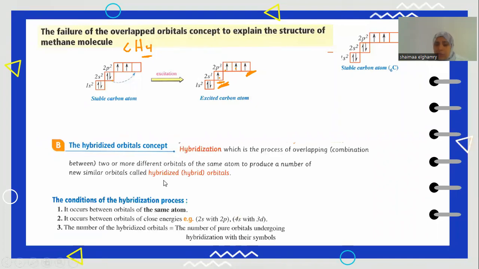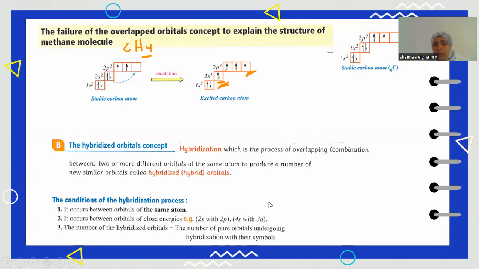The conditions of the hybridization process: it should take place inside the same atom. It also occurs between orbitals of close energy. So it takes place between 2s and 2p, but it doesn't take place between 1s and 2p, for example.